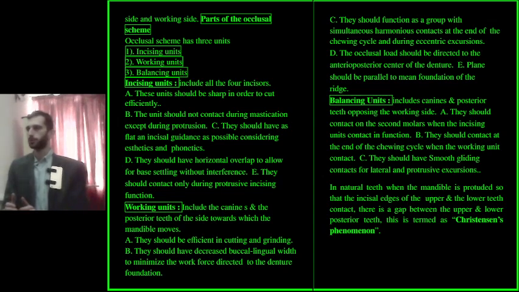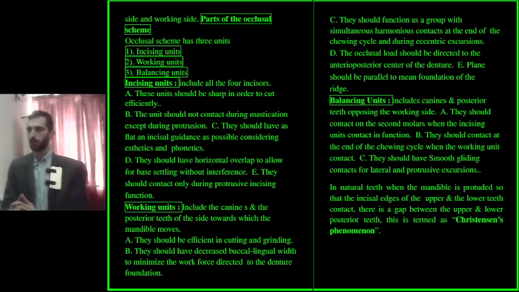C. They should have as flat an incisal guidance as possible considering aesthetic and phonetics. D. They should have horizontal overlap to allow for base settling without interference. E. They should contact only during protrusive incising function.